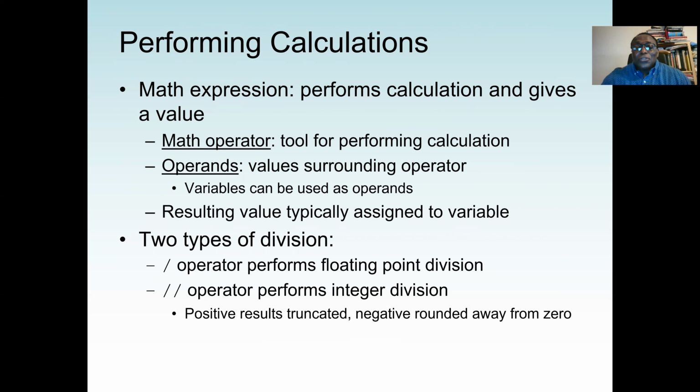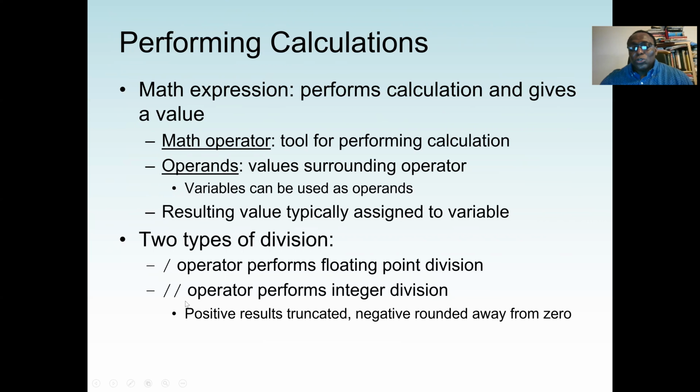Now, if I say 5, two forward slashes, and 2, we're going to get 2.5. I mean, sorry, 2. The single slash, 5 / 2, will give me 2.5 because it's floating point division.